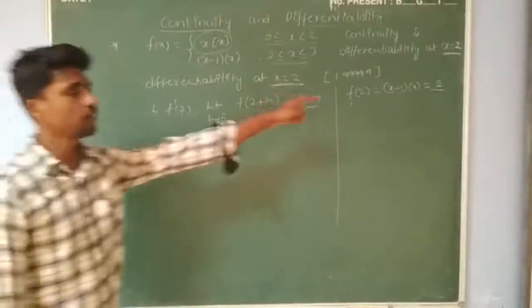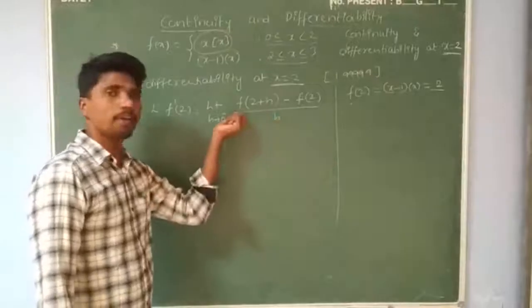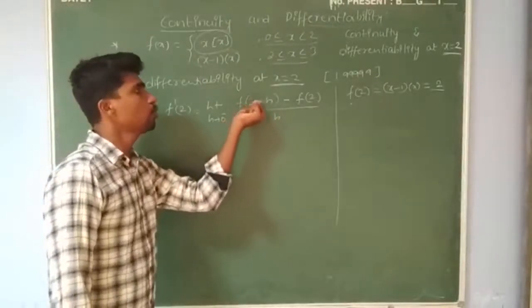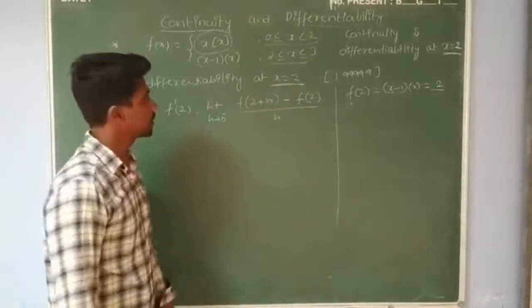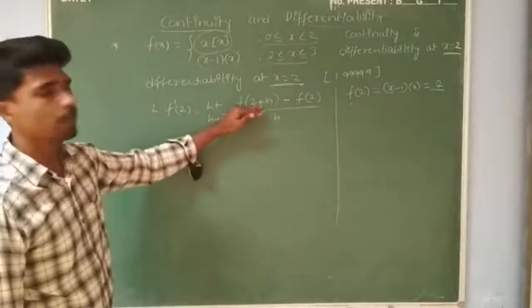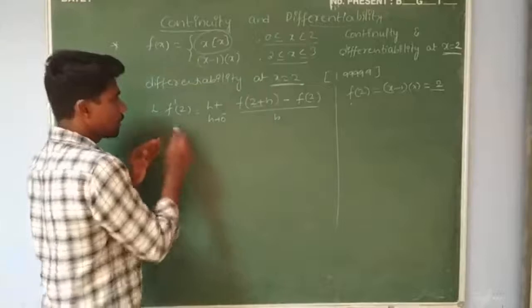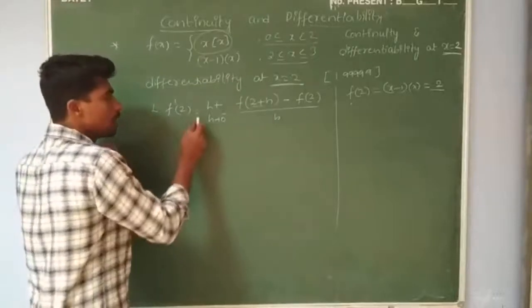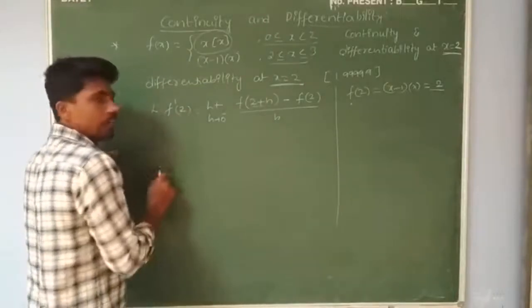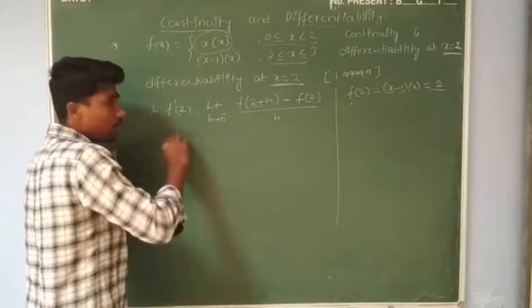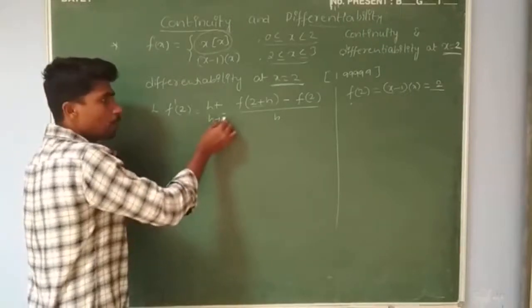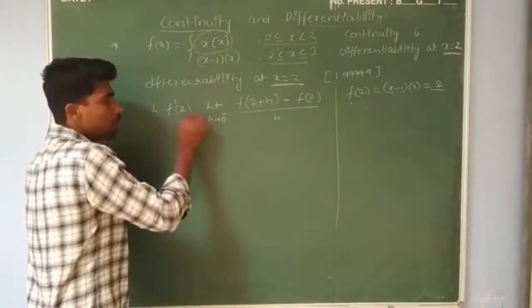Now f of 2 value we have as 2. Now what is the value of f of 2 plus h? The value of the derivative from left side, which is approaching from left side.